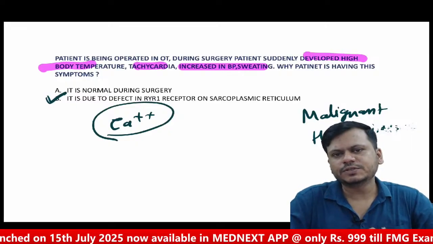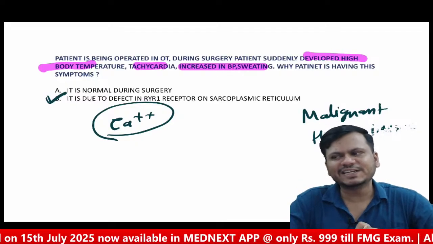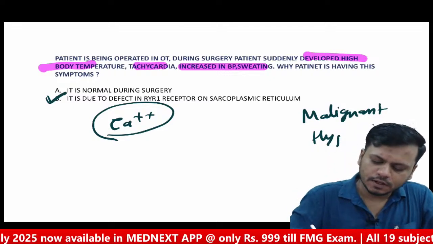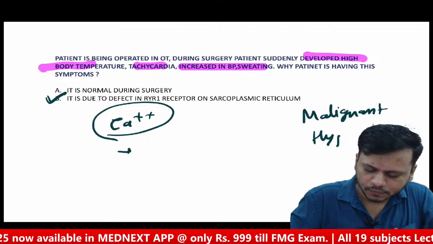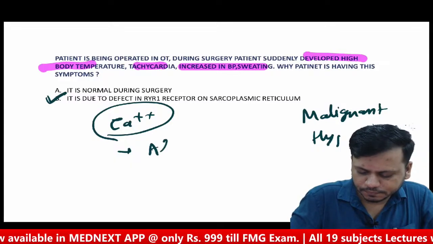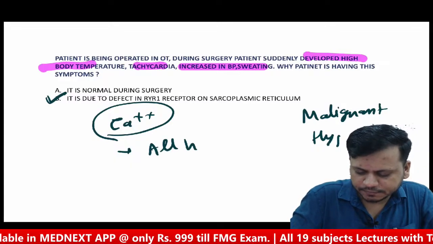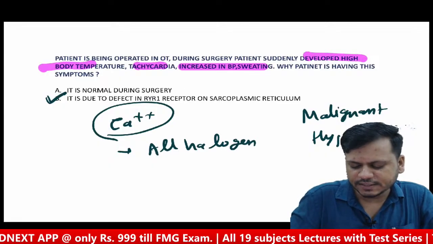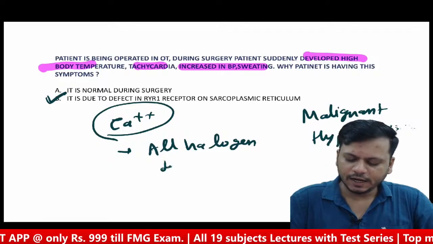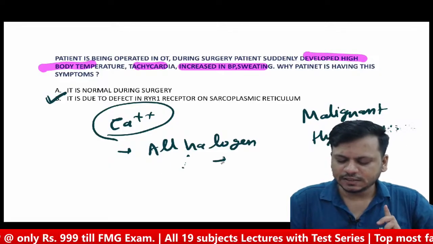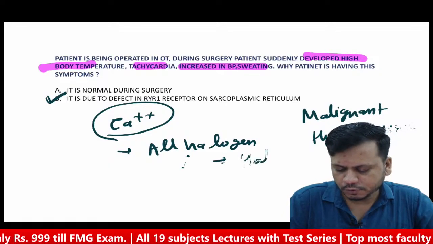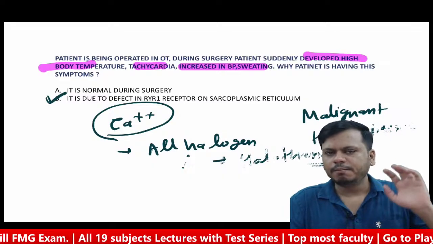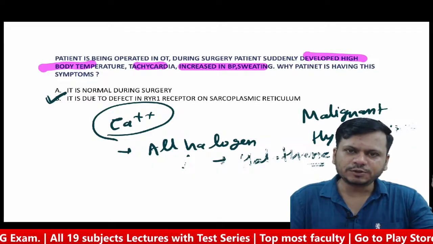And it happens because of which anesthetic agent? If you can recall, it happens due to all halogenated inhalational anesthetic agents, right? And I have specifically told you in the class, please remember two drugs. One is halothane, right? Maximum happens due to halothane.